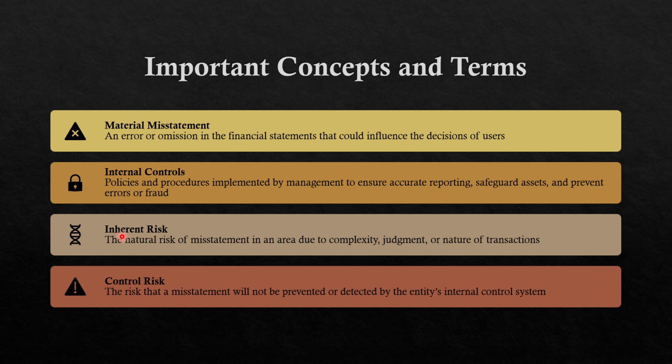Even without mistakes or fraud, these are naturally more likely to be misstated. And then comes the control risk. For example, a company has no review process for sales entries. So errors in sales records may not be detected on time. This creates control risk. Hope you got some idea.